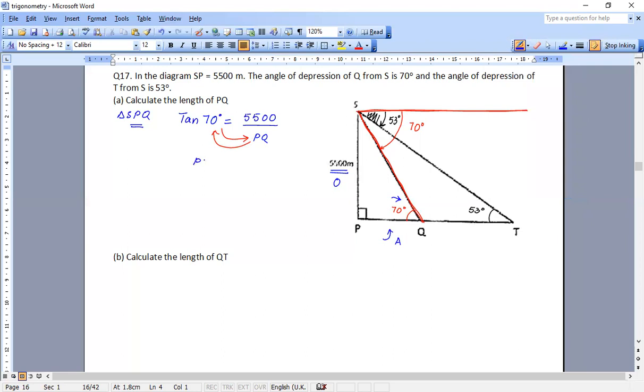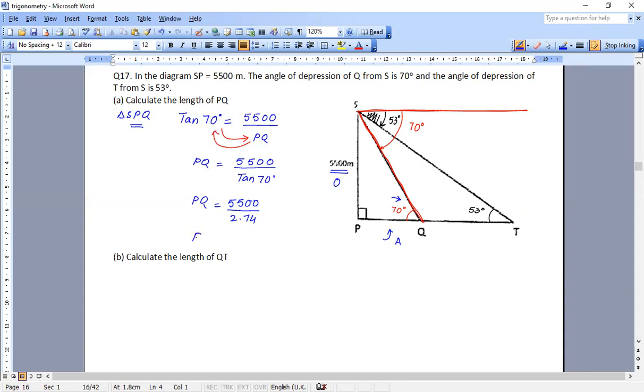PQ is equal to 5500 divided by tangent 70. Tangent 70 is equal to 2.74. I'll divide 5500 by 2.74. It is going to be 2001.8.